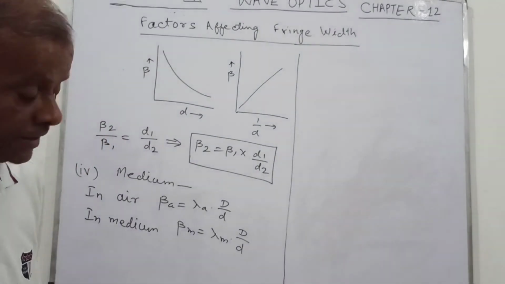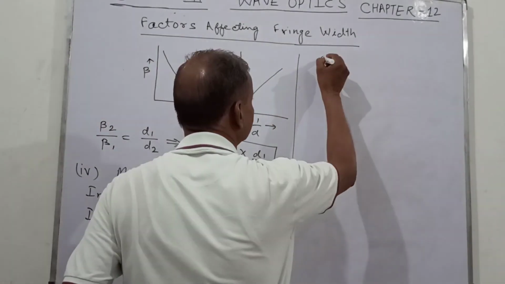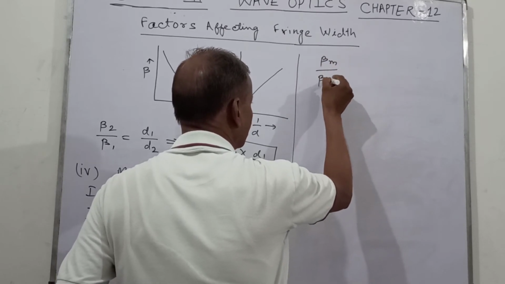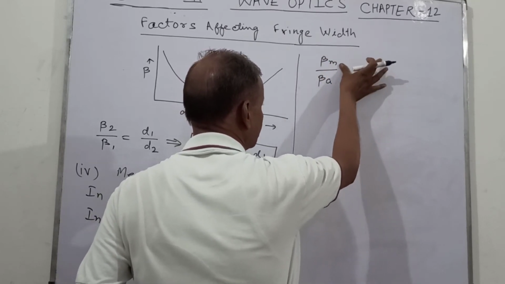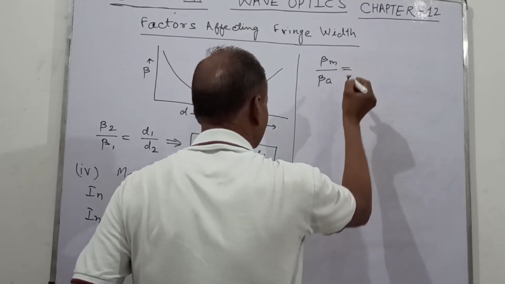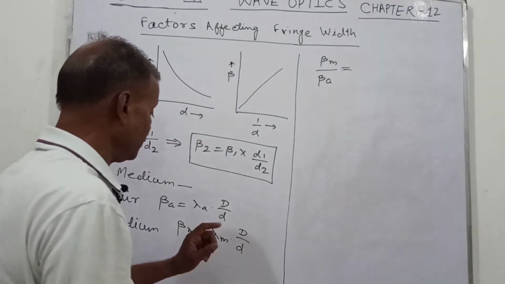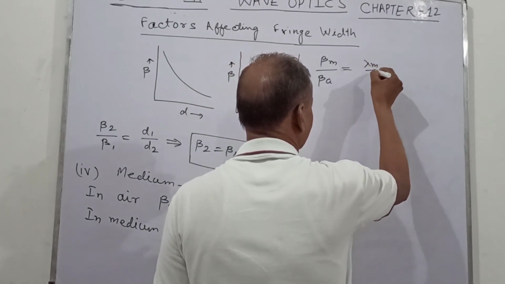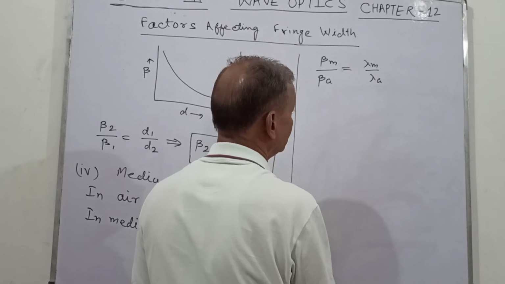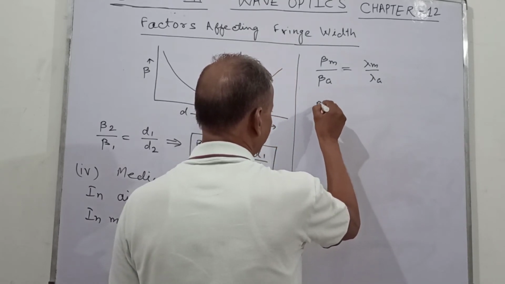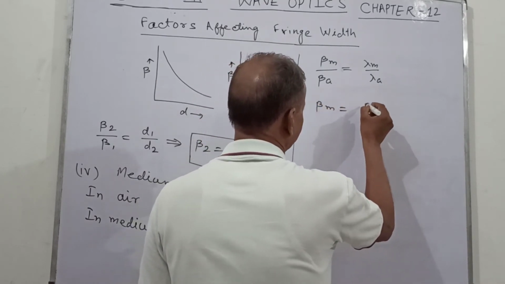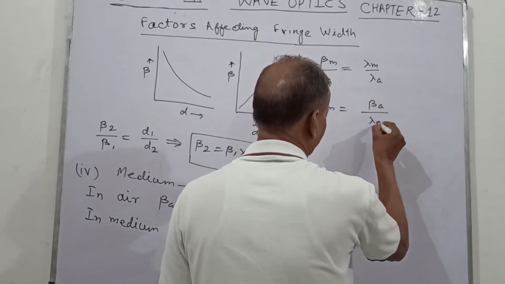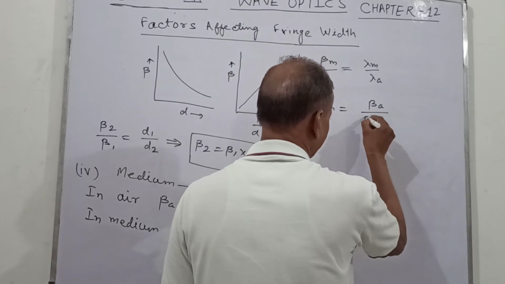So now we have to find beta m upon beta A. This is equal to lambda m upon lambda A, or we can write this beta m is equal to beta A into lambda m upon lambda A.